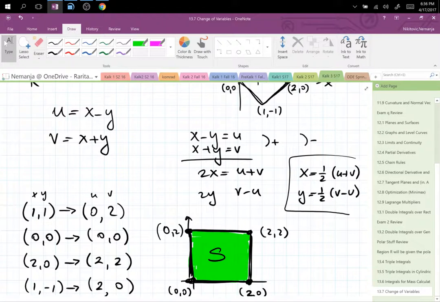In the previous example, I didn't have to do the system because I believe u was equal to 2x. So x was u over 2, right? So no need for a system. The next example is far worse because now we're going to have nonlinear cases. And the nonlinear substitutions lead to the Jacobian being non-constant.